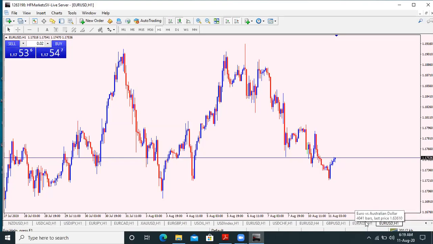There are three major pairs: Euro, USD, and GBP. Any pair with them is safe, though you need to be very careful with GBP.